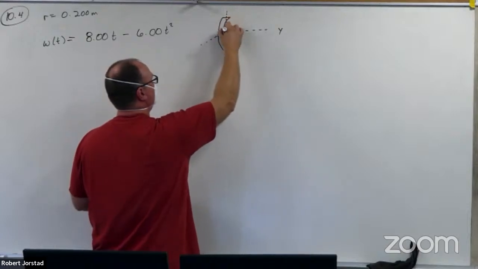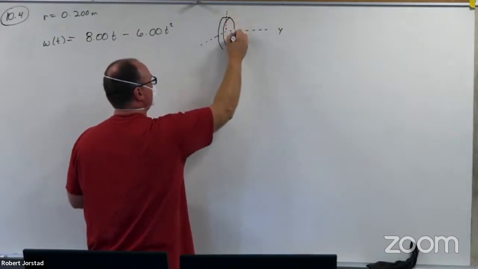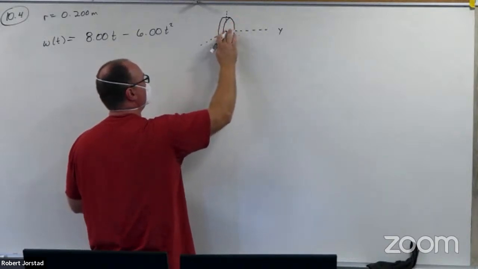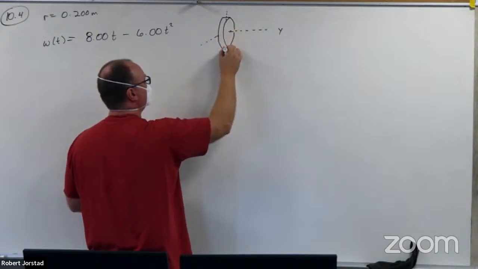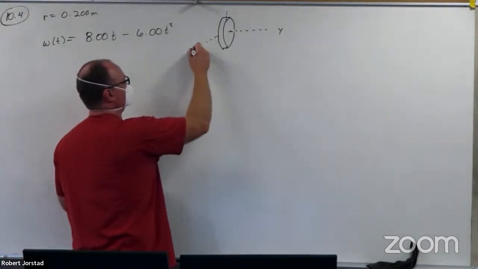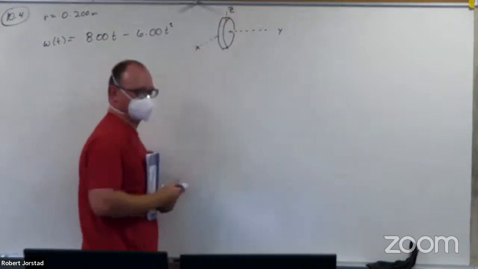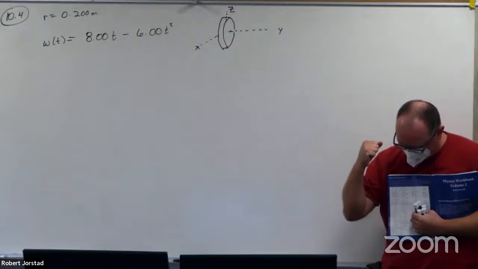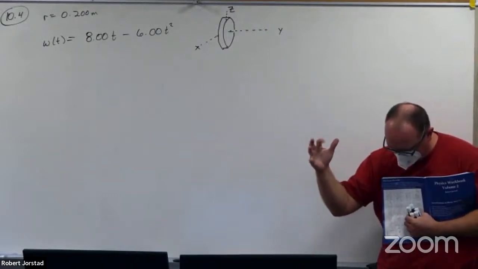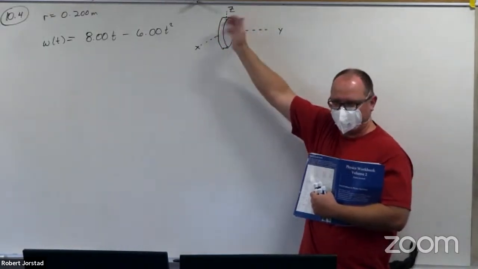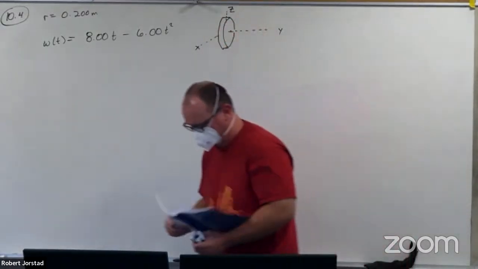Always the flywheel. This picture's not the greatest. Okay. We're told that this is X, this is Y, and this is Z. What should you check every single time you draw a coordinate system? Right-hand rule. X goes to Y, goes to Z. Looks good. X goes to Y, goes to Z. Looking good. Okay.